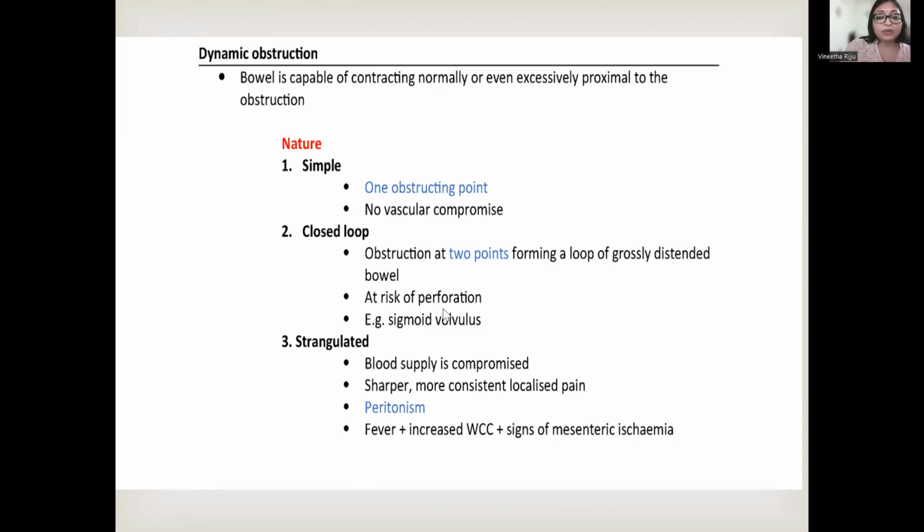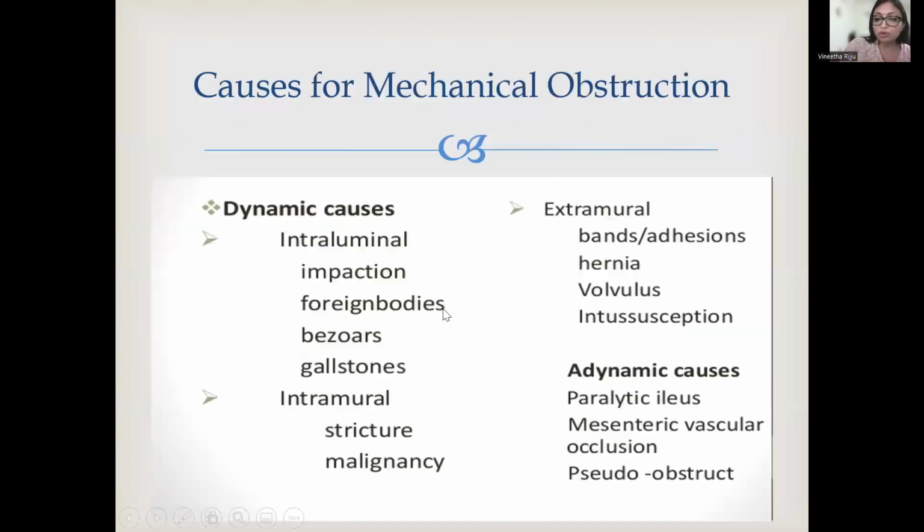Yes. So now let us go on to what are the different causes for mechanical obstruction. So like we were already discussing, there can be a mass over there. So there can be intraluminal causes, that is, there can be impaction, like there can be fecal impactions, there can be foreign bodies, bezoars, gallstones. It can be intramural, where it can be a stricture or it can be malignancy. You have something outside the intestine, extramural.